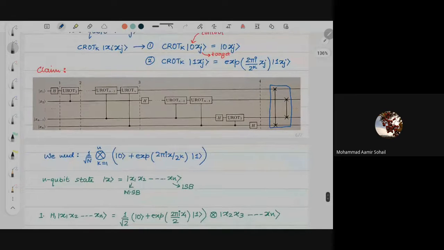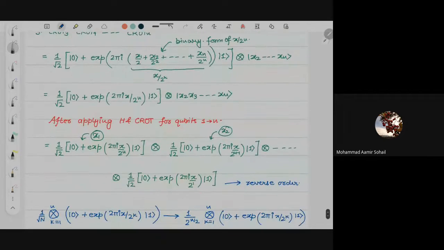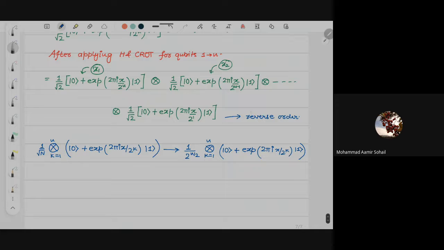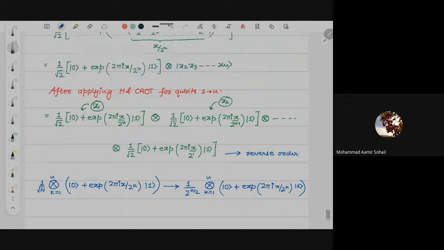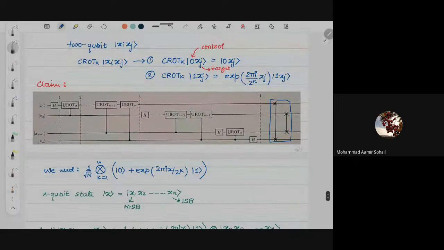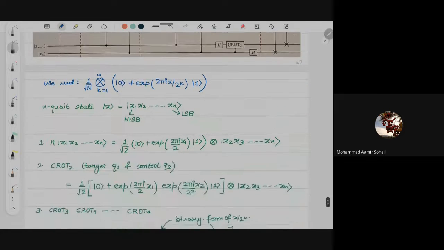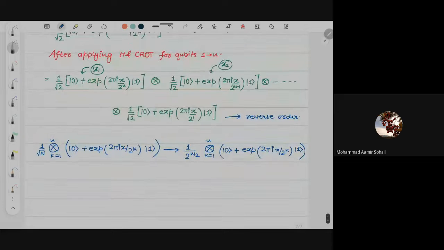Then we claimed that the circuit for this QFT looks like this, and here we proved that indeed this is true, with the caveat that the output is in the reverse order. That's why we applied the flipping of the qubits. So this completes the circuit part.